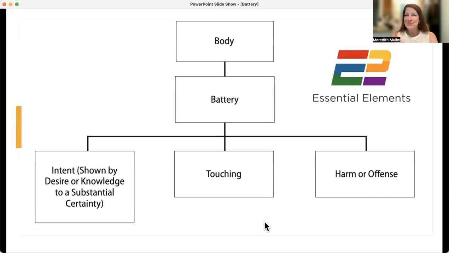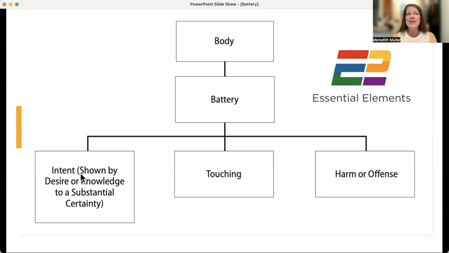So with battery, we have to show elements, hence Essential Elements, right? The first thing that you have to show in order to prove battery is intent. Battery is an intentional tort, so you cannot have battery without intent. How do you show intent? We're going to talk about it, but it's either shown by desire or knowledge to a substantial certainty.